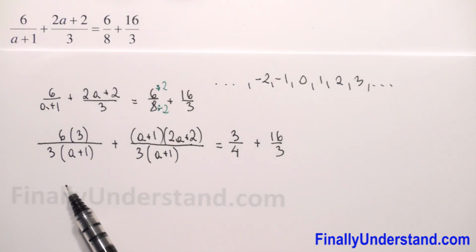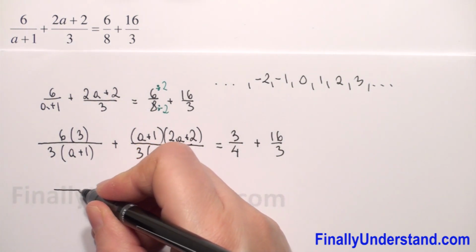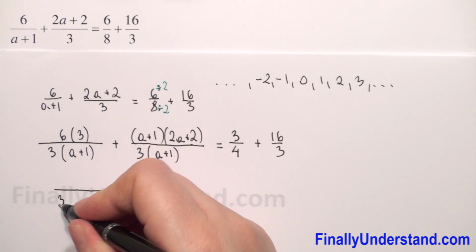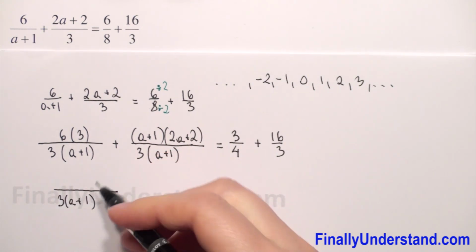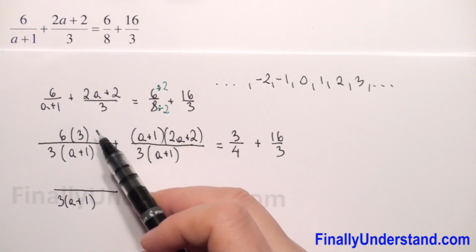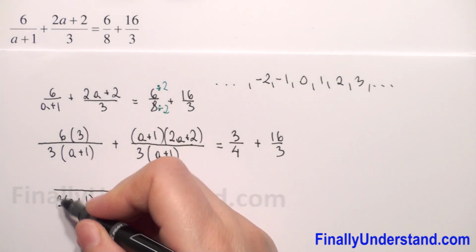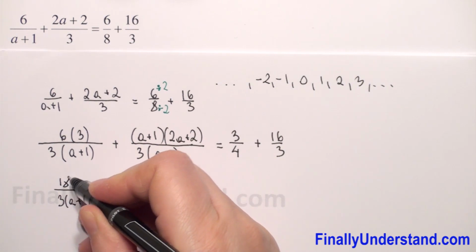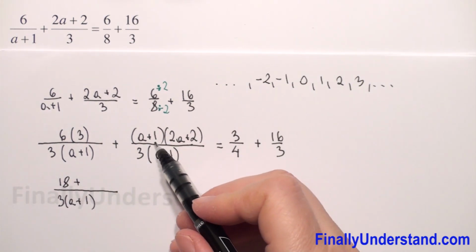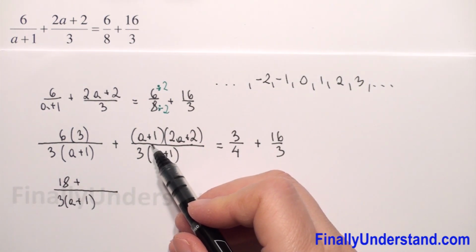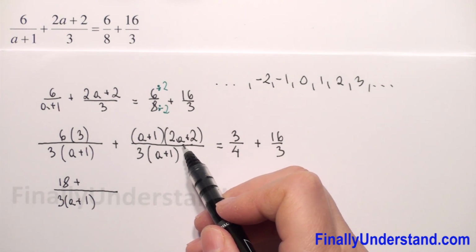On the left side we have now the same denominators, so we copy the denominator, and when we add fractions we need to add numerators. And we can do multiplication. 6 times 3 is 18 plus, and now every expression in the first parenthesis we need to multiply by every expression in the second parenthesis.